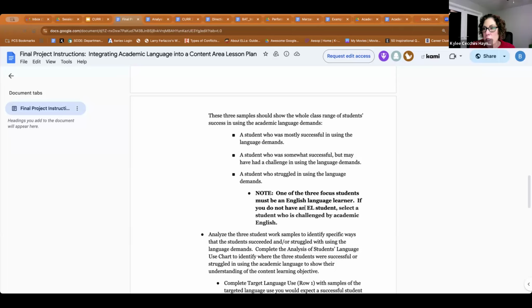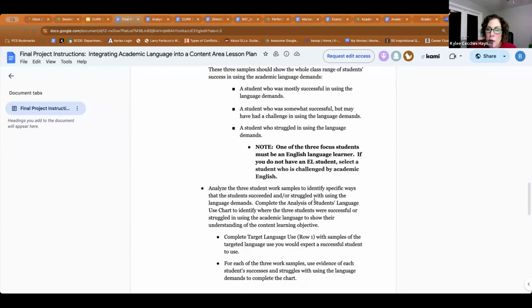If you don't have an EL learner, then a student who you feel is challenged by academic English. It's difficult for them. They're not strong writers, or they're not strong readers, kind of a thing. All right. So you're going to analyze these work samples to identify specific ways that the students succeeded or struggled with using the language demands.